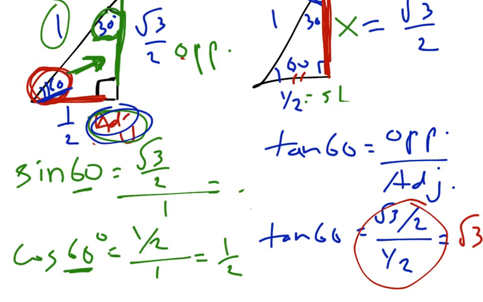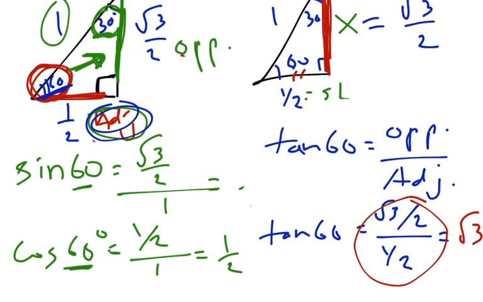So sine, cosine, and tangent are three ratios. What else do we have? Let's write the other three trigonometric ratios. In total, we have 6 trigonometric ratios. We have sine, cosine, and tangent of any angle.